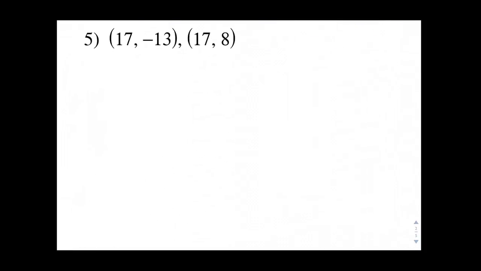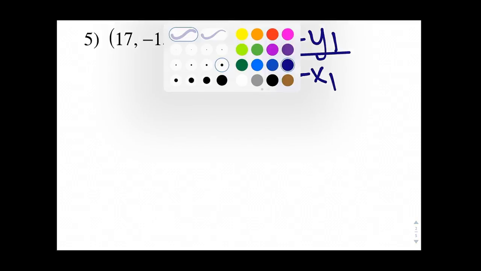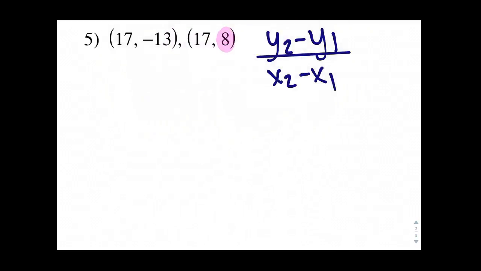Number 5. So I'm going to take my y2 minus y1 all over x2 minus x1. I'm looking at my x's. And nothing is going to help me do this. So I'm going to look at my y's. Okay. Since I have a positive y, I'm going to put that one first.